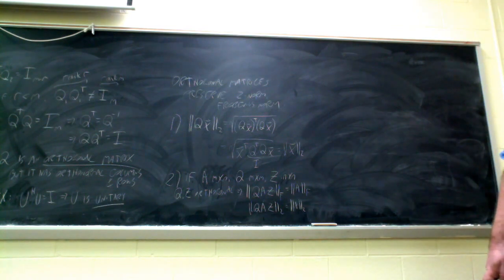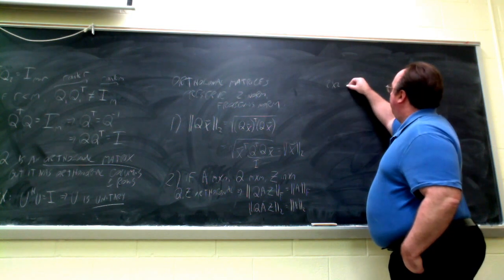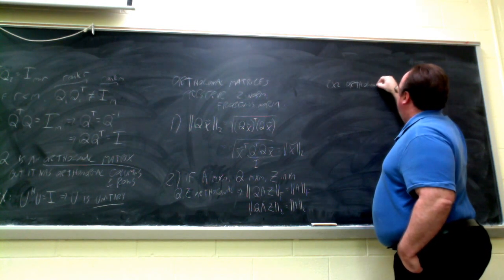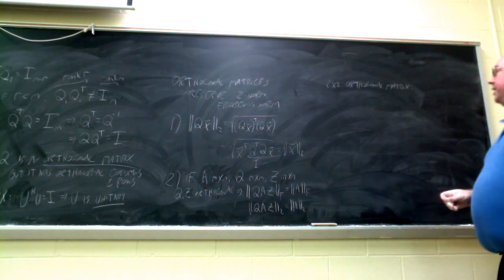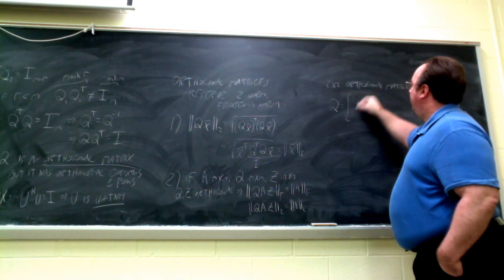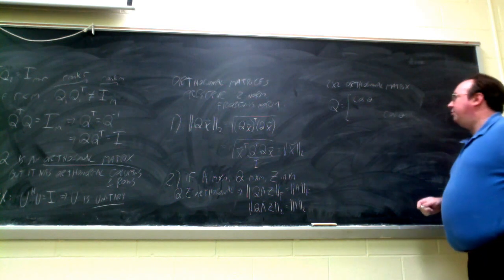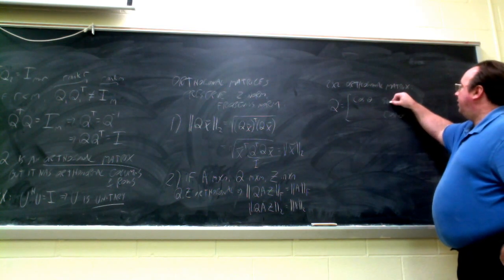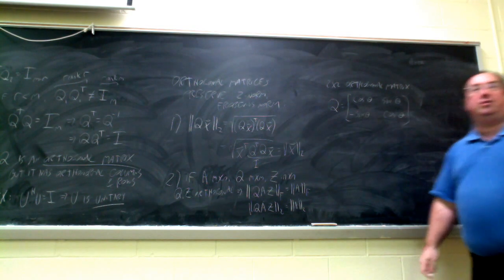A very frequently occurring kind of orthogonal matrix is something in this form, where your diagonal entries are the cosine of some angle, and your off-diagonal entries are plus or minus the sine of that same angle.